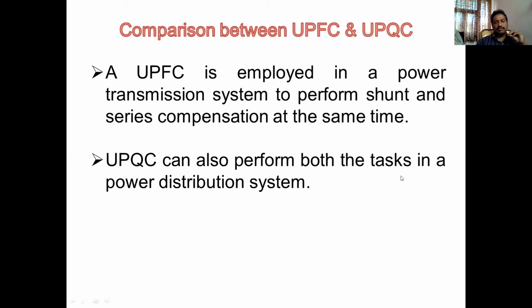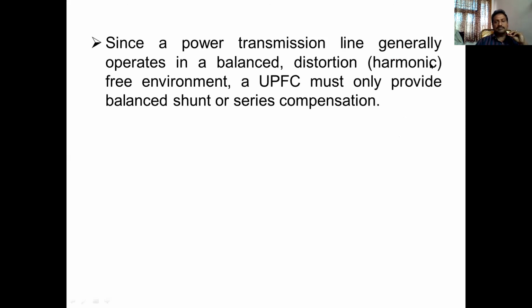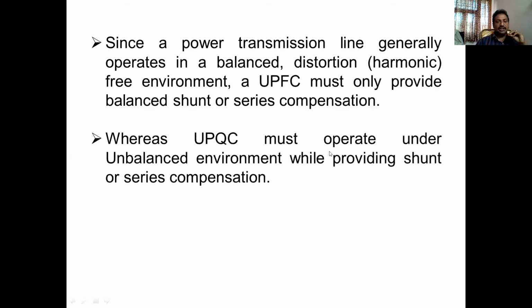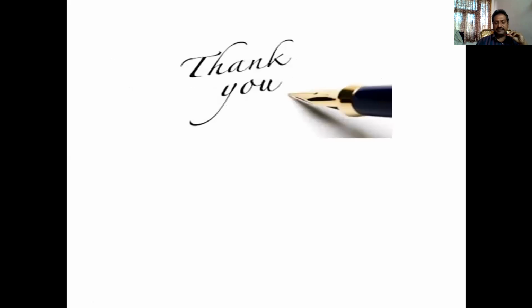UPQC can also perform both tasks in a power distribution system. But since a power transmission line generally operates in a balanced, distortion-free environment, a UPFC must only provide balanced shunt or series compensation, whereas UPQC must operate in an unbalanced environment while providing shunt or series compensation. So remember that UPFC is applicable in a balanced, harmonic-free environment, whereas UPQC operates in an unbalanced environment. That is the basic difference between these two.